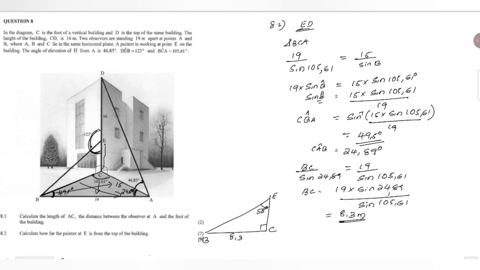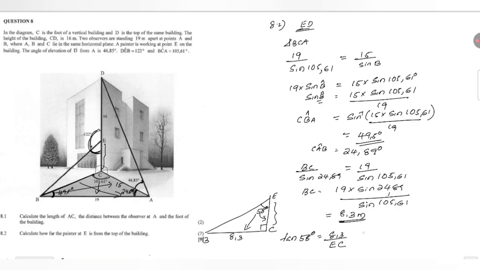58. Now can you find EC? I can use the appropriate trigonometry ratio. From this acute angle, opposite is there. What I want to find is adjacent, which means tan. Tan 58 is equal to opposite, 8.3, over EC. Is it clear? Okay, therefore we can find EC.